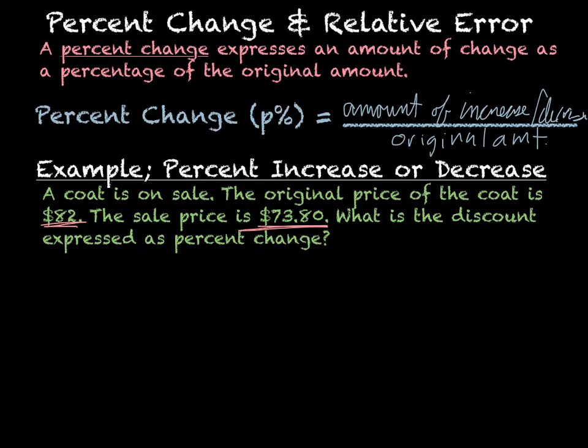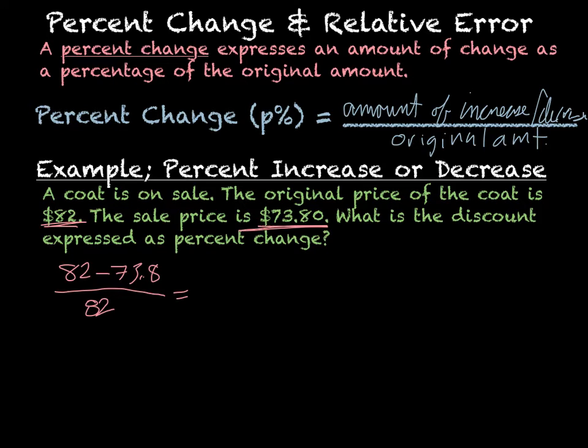Well, we already decided it was a decrease because it's going from 82 down to 73.80. So we're going to take 82, subtract off 73.8, and that's going to be our amount of decrease, and then we divide it by the original amount, which was 82. So that's the problem we're going to solve.